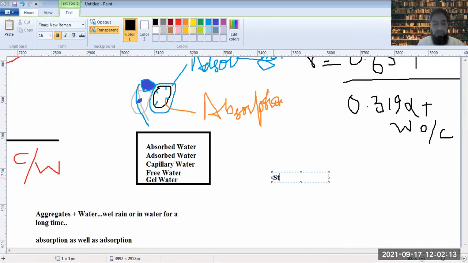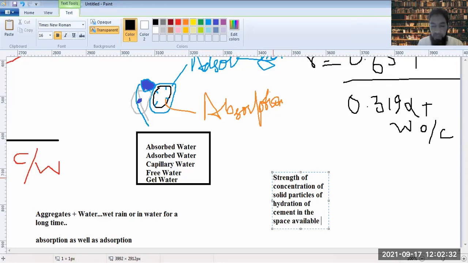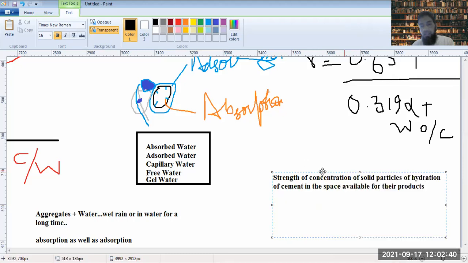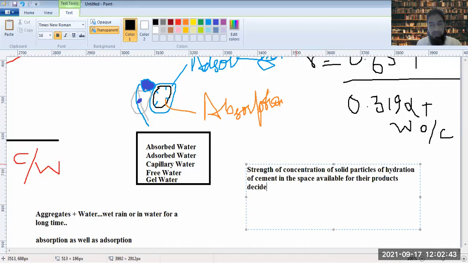The concentration of solid particles of hydration of cement in the space available for their products decides the strength of the concrete. Now, let me explain this.